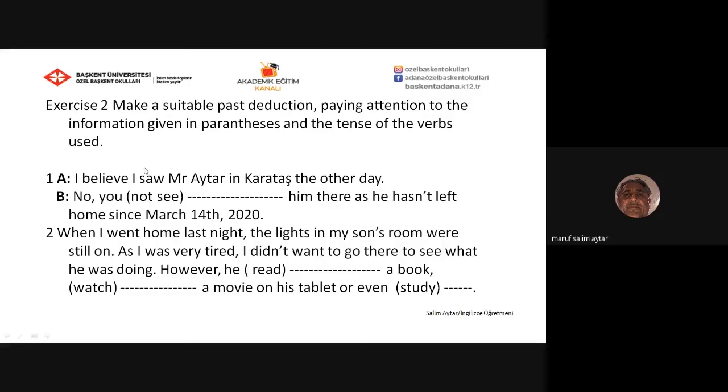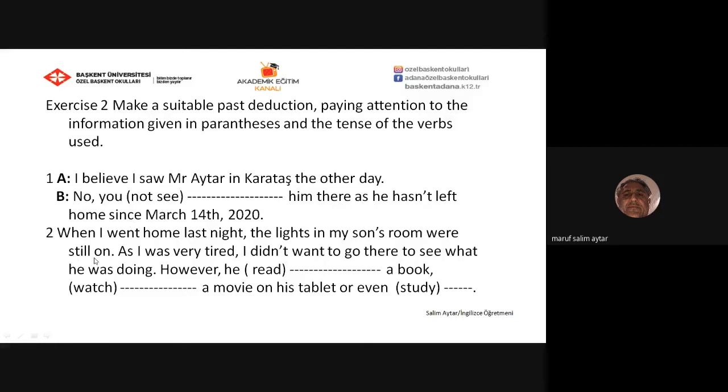The verb is past here. So we need to make a past deduction, okay? Are we sure about this? Well, it says here, because he hasn't left home since March 14th. So we need to make a strong deduction in the negative sense.